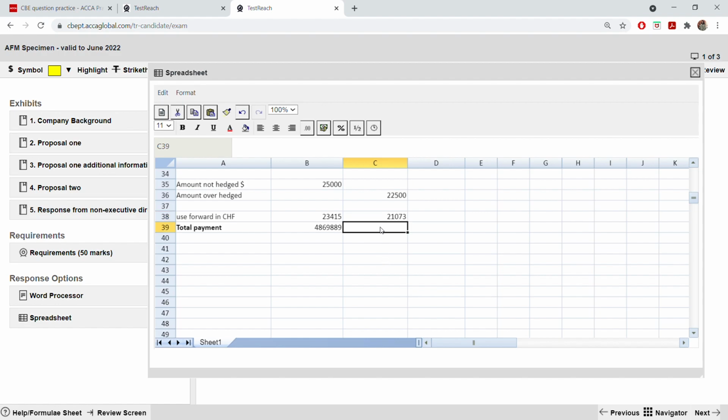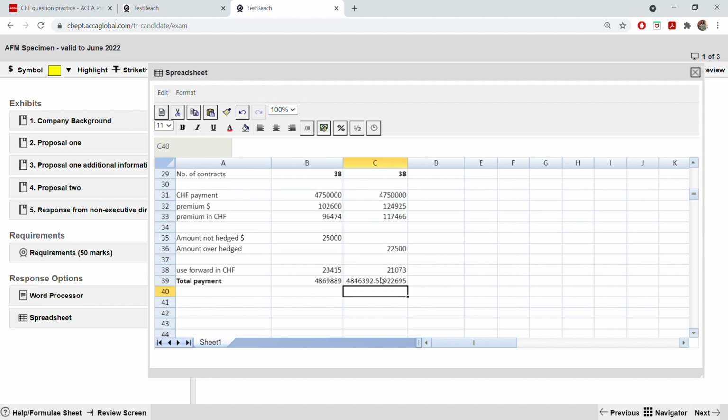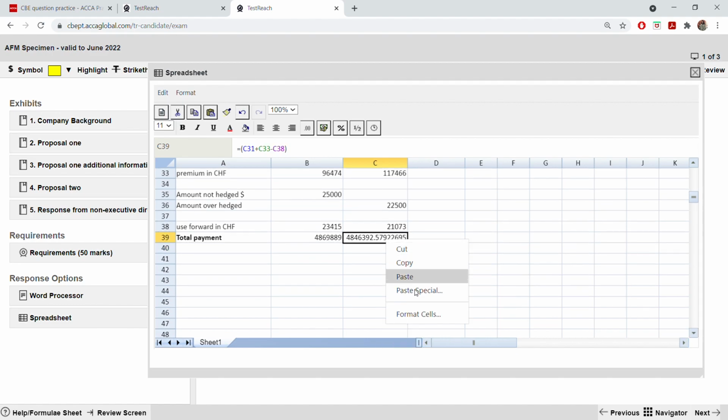Now, when you come to the total payment, remember this you cannot add, you have to deduct. It's a benefit, and for the total benefit, this will reduce your payment, so you have to deduct this. So what I'm going to do is the Swiss payment plus the premium minus this, and format cell this.